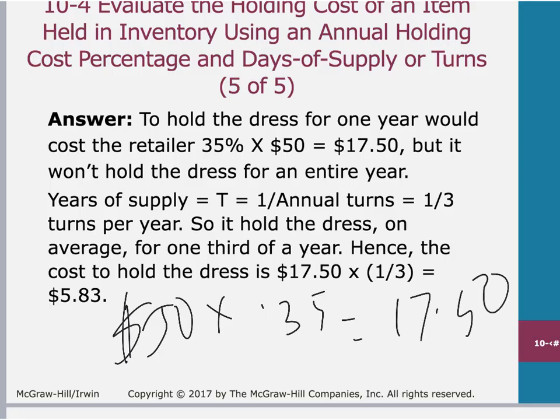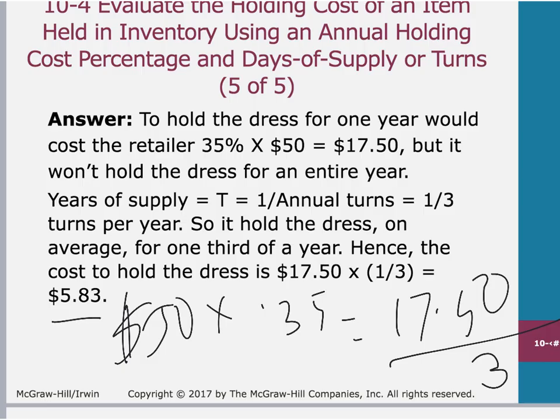But that's per year. Now, because I turn my inventory 3 times per year, meaning 3 times a year I'm buying this dress again, how much am I actually paying to hold the dress each time? It's $17.50 divided by 3 to give me $5.83.